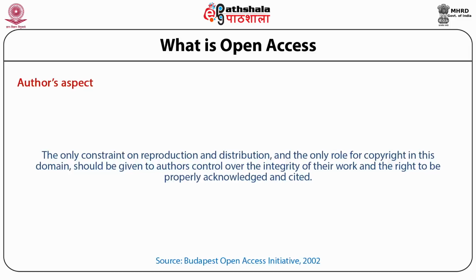Then if the user wants to get the content free of cost, what about the author or the owner who owns the content? That is the author. So two aspects, one is the author's aspect, the other is the user's aspect. The author will always try to maintain that the content is copyrighted content.